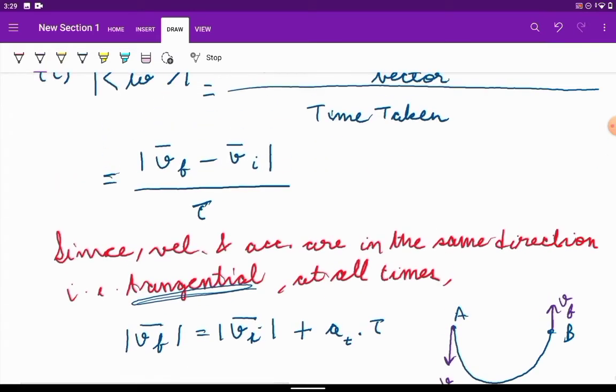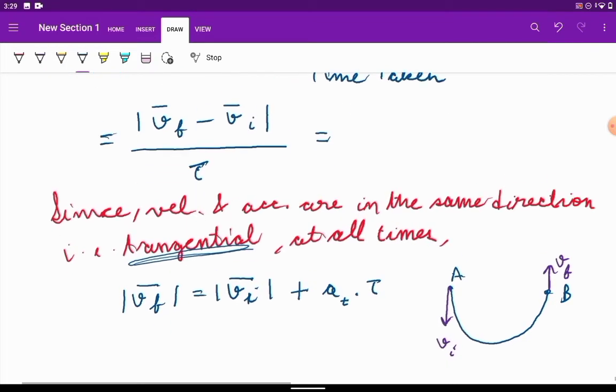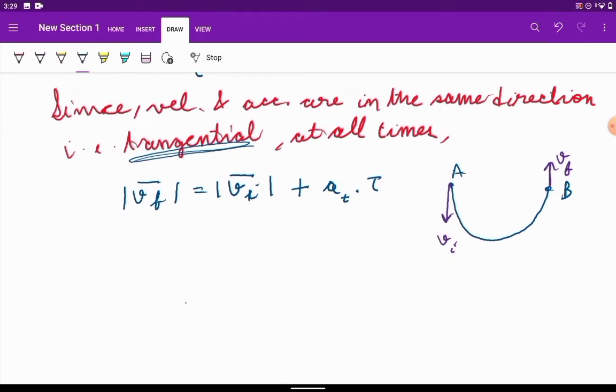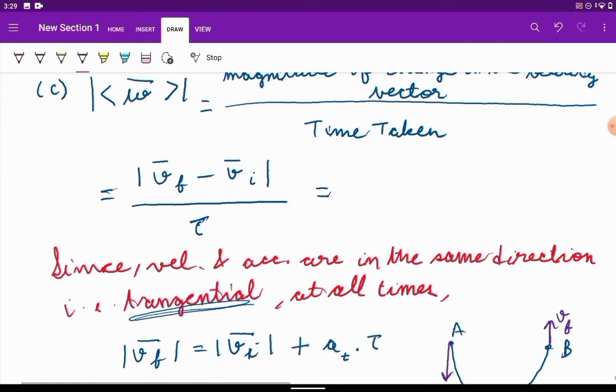Because these are vectors in opposite directions, whenever you subtract Vi from Vf, you are basically adding Vi in the opposite direction. Subtracting a vector is adding it in the opposite direction. So in this case, you are basically adding the two.